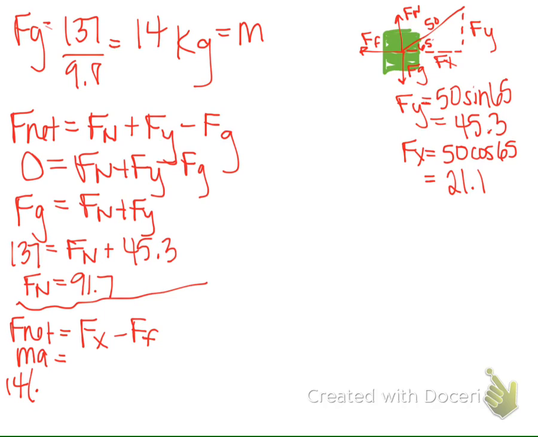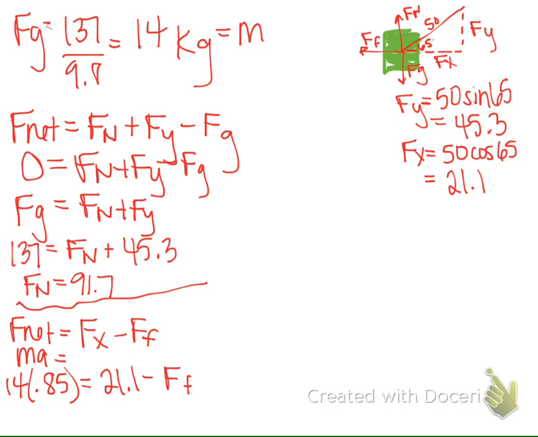And our acceleration we know is 0.85. Okay, that 0.85 was given to us in the problem. 14 we solved for up here from our weight. Okay, we know that equals Fx, which we solved to be 21.1, minus our force of friction.